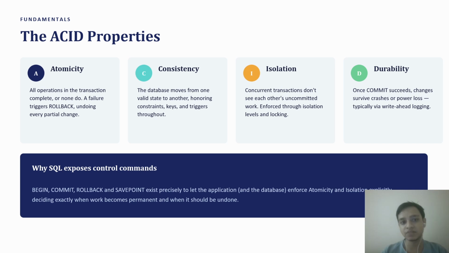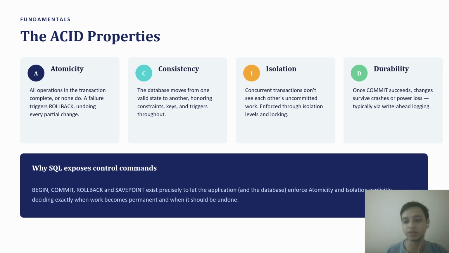So, ACID properties of a transaction. A stands for atomicity. Atomicity says that the transaction should be complete or nothing done. That means you start a transaction, you should complete it, or you should not start a transaction at all, or not complete it.